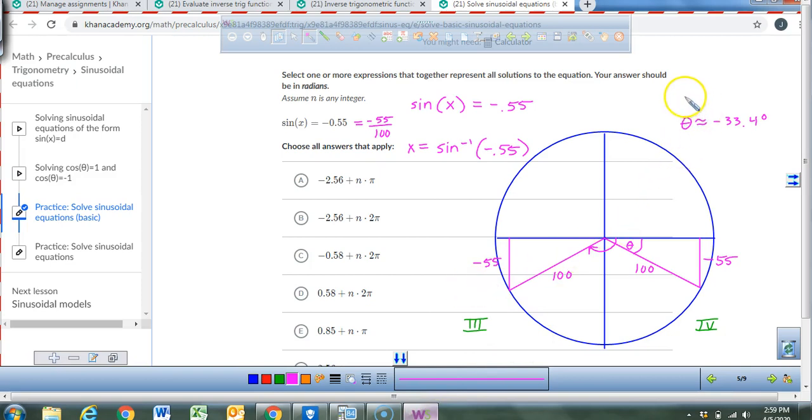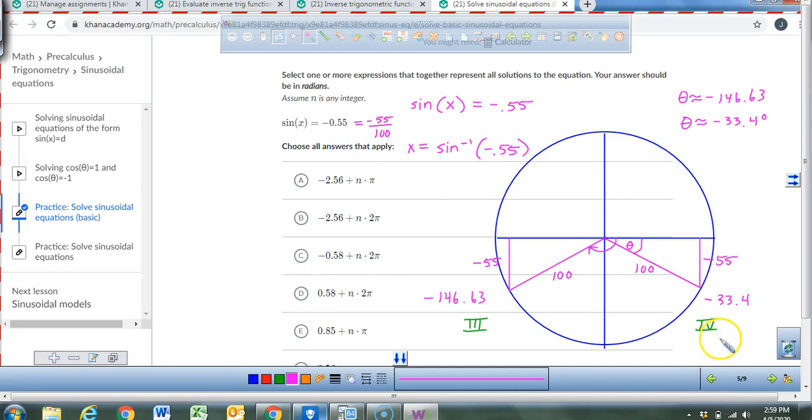So theta in degrees is also equal to negative 146.63. So I'm at negative 146.63 right here, and I'm also at negative 33.4 right there.